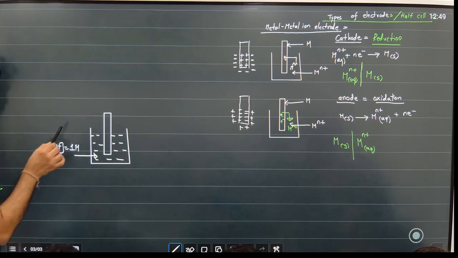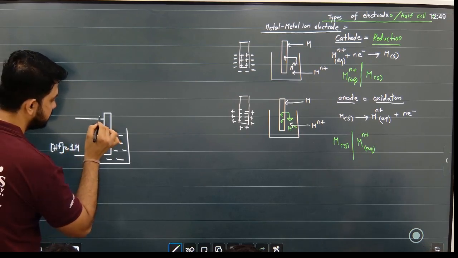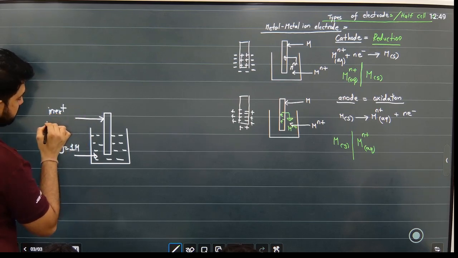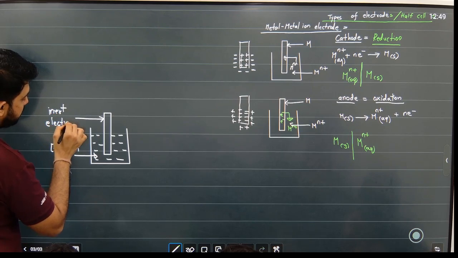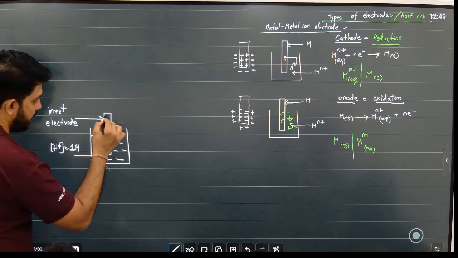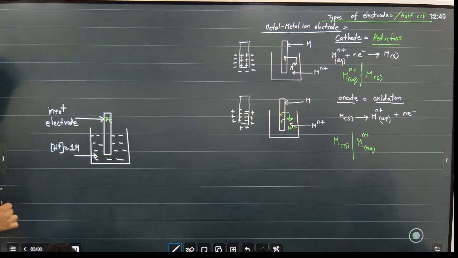What we have here is an inert electrode. Can someone give me an example of an inert electrode? Excellent. Platinum, graphite, nickel, and so on.